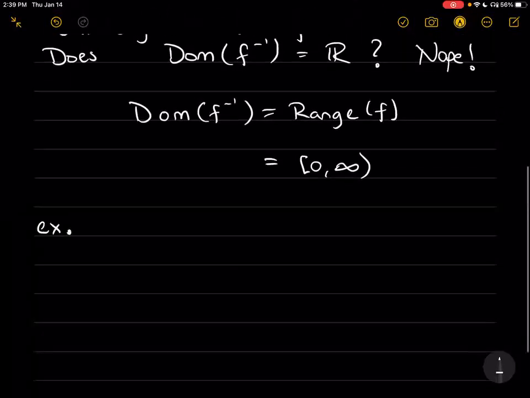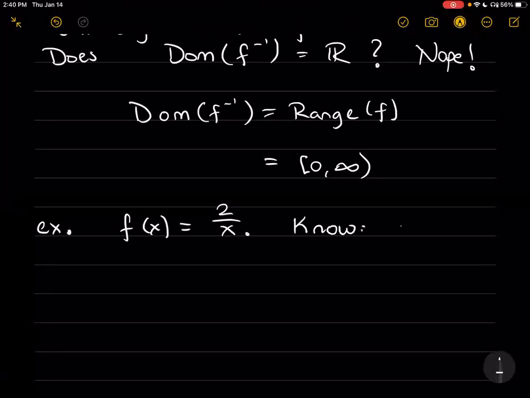Maybe let's look at another example. Let's say we have f of x equals 2 over x. You can calculate, again, using techniques we've already discussed, that the inverse function to this, f inverse, is going to be 1 over 2x.